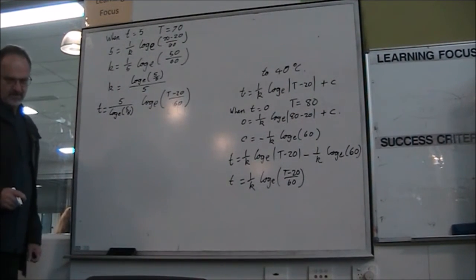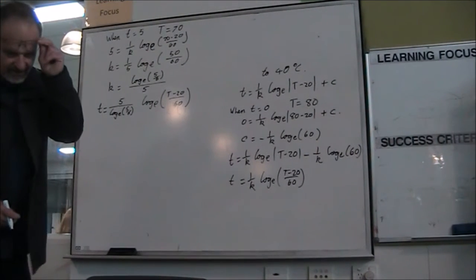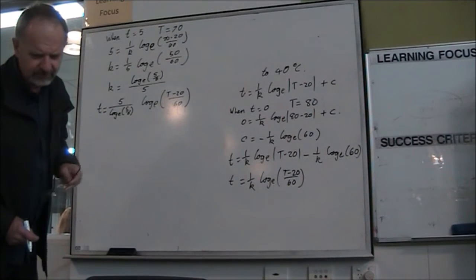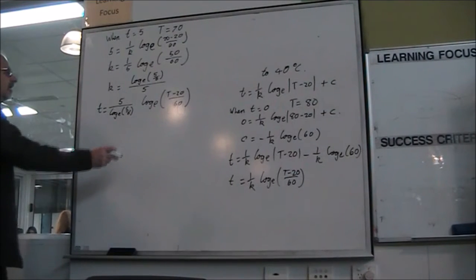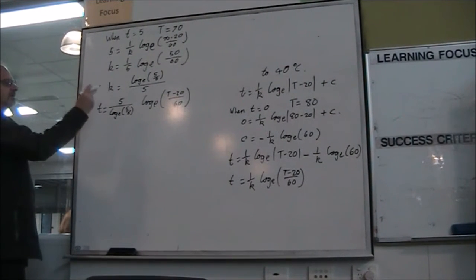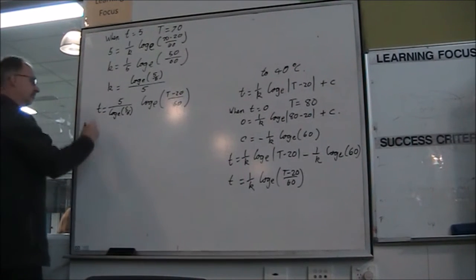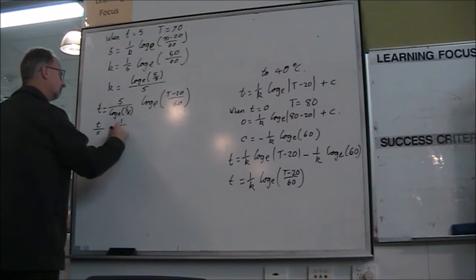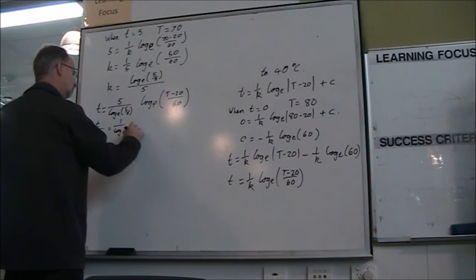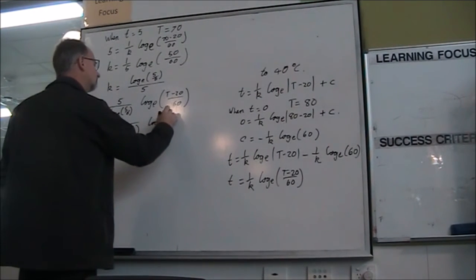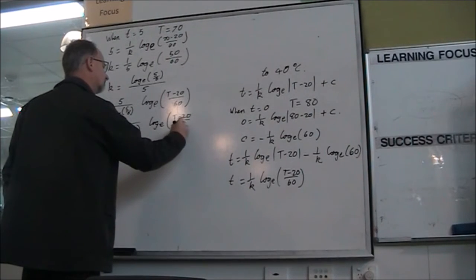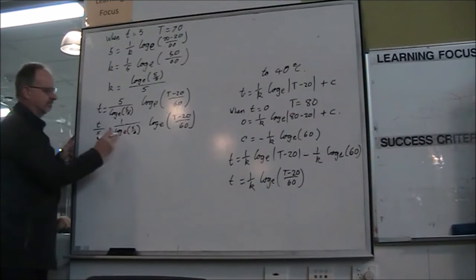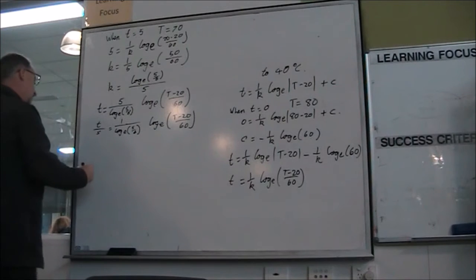All right, so divide by 5. Then times both sides by log to the base e of 5/6.